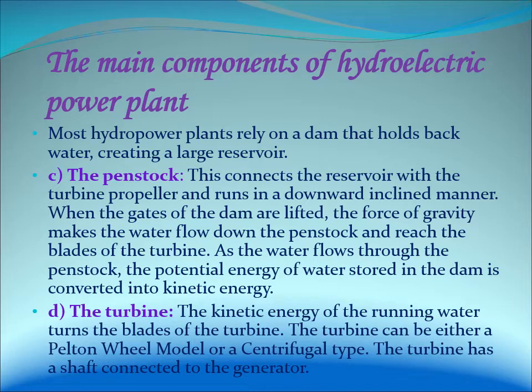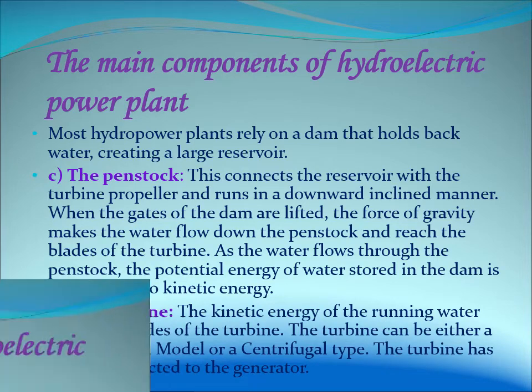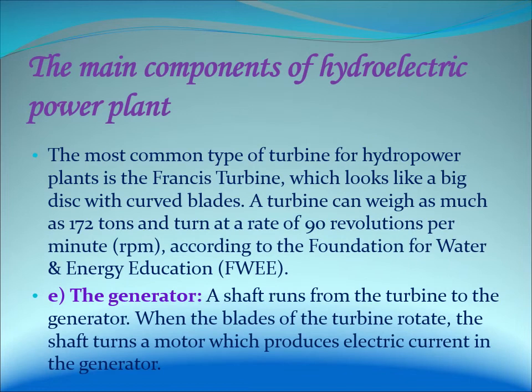The turbine can be either a Pelton wheel model or a centrifugal type. The turbine has a shaft connected to the generator. The most common type of turbine for hydropower plants is a Francis turbine, which looks like a big disc with curved blades. A turbine can weigh as much as 172 tons and turn at a rate of 90 revolutions per minute according to the Foundation for Water and Energy Education.